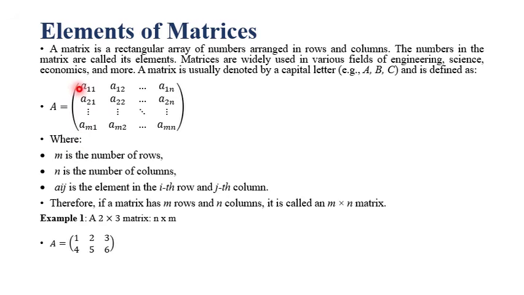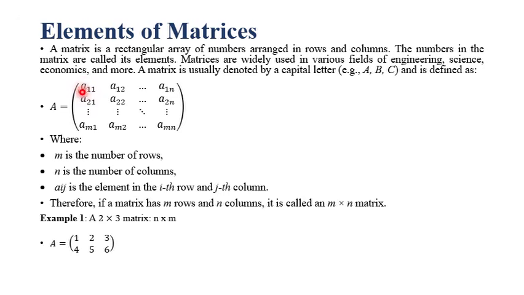So for the elements in this first row, we call it row 1, row 2, row 3. So m is usually the number of rows and n is usually the number of columns. So for this first element here, its unique position in the matrix can be identified by the row and column it falls into.